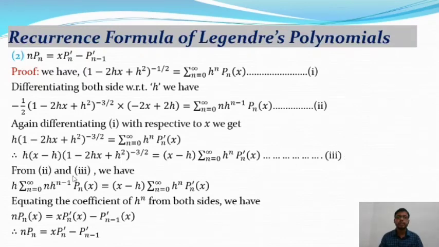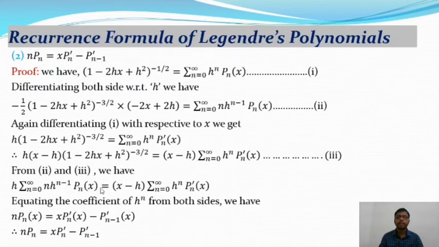So from equation 2 and equation 3 we have h into summation over n equals 0 to infinity n into h to the power n minus 1 into Pn(x), which is equal to (x minus h) into summation over n equals 0 to infinity h to the power n into Pn'(x).